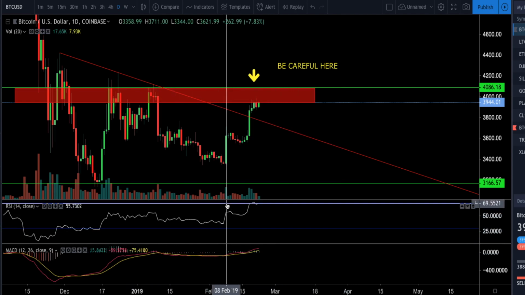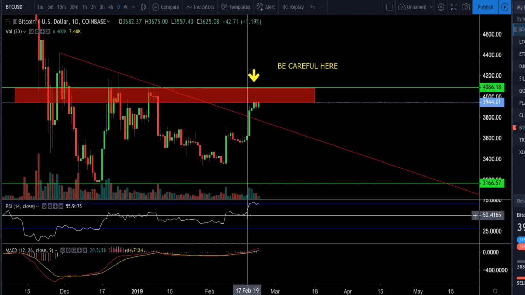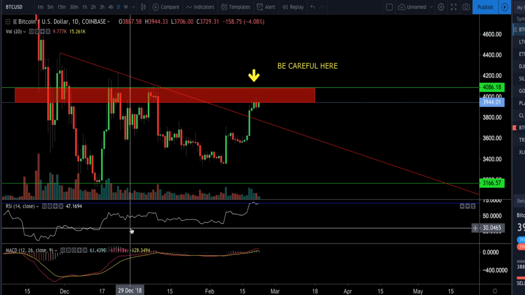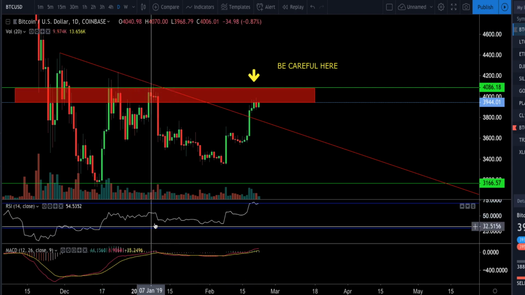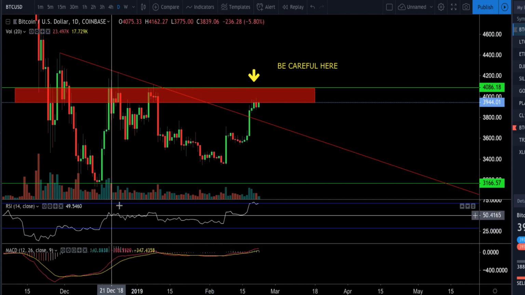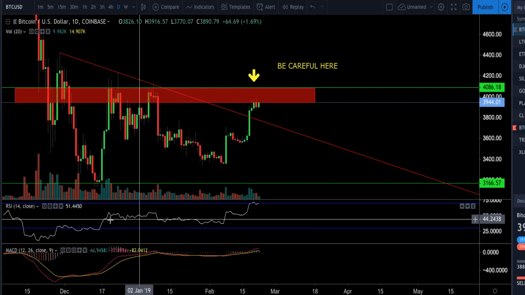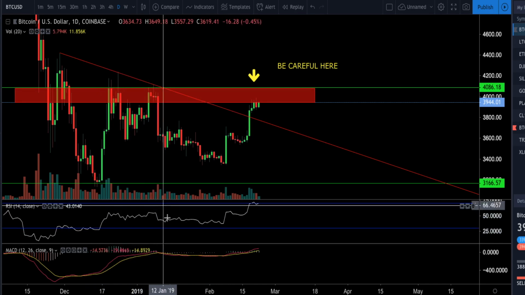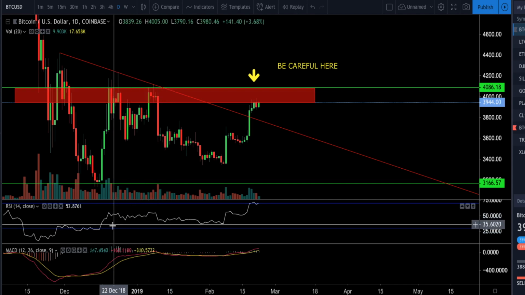This is the 70 and 30 line that this was referring to. And the 30 line and 70 line, you want to see price action stay between these lines, because between these lines, how can I explain this, I guess the momentum is in the normal range, I could say.